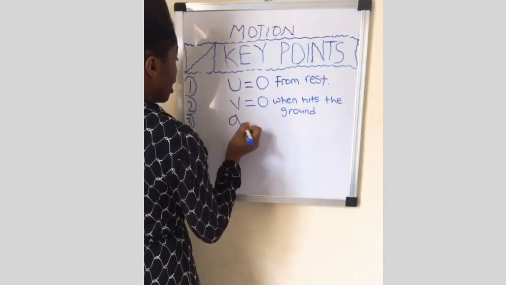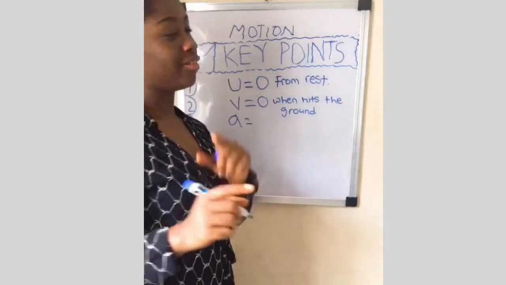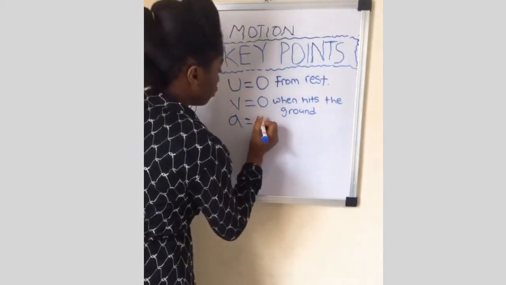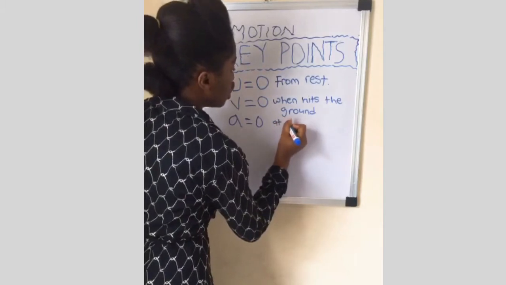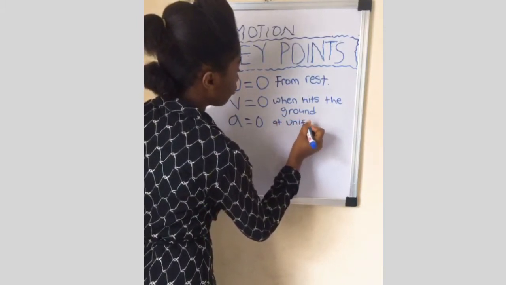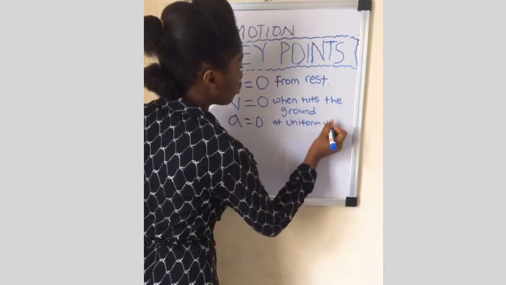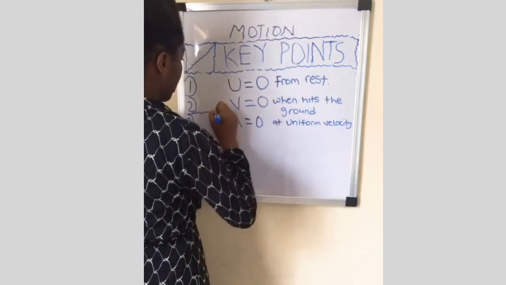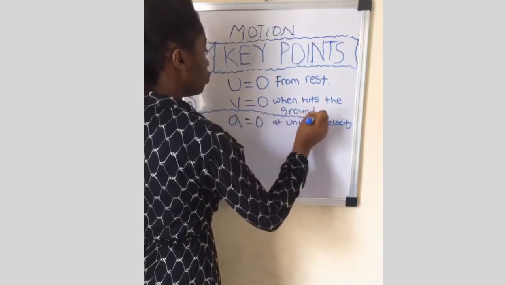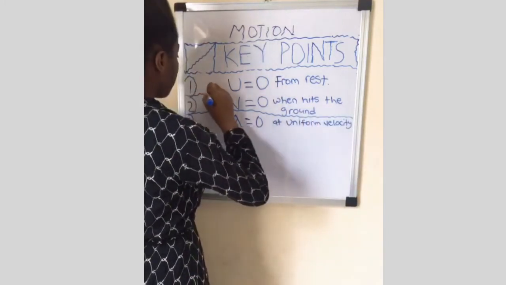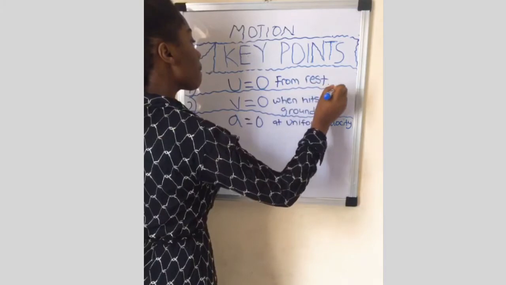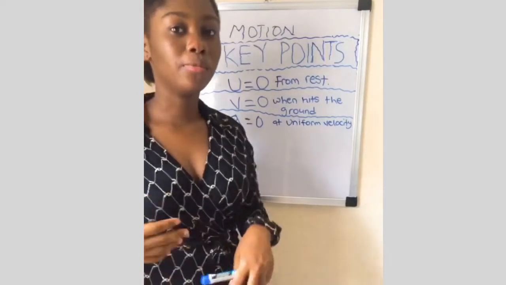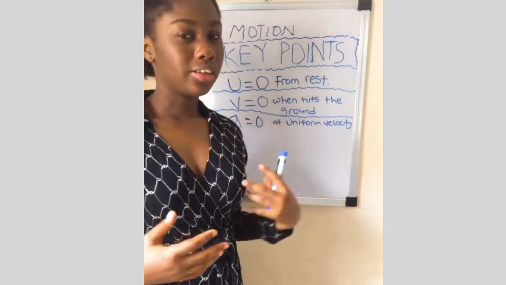Please take note, because capital A represents amplitude, that one is in circular motion, but we're getting there. So a equals 0 at uniform velocity. That is, when a body moves at uniform velocity, acceleration is equal to 0.